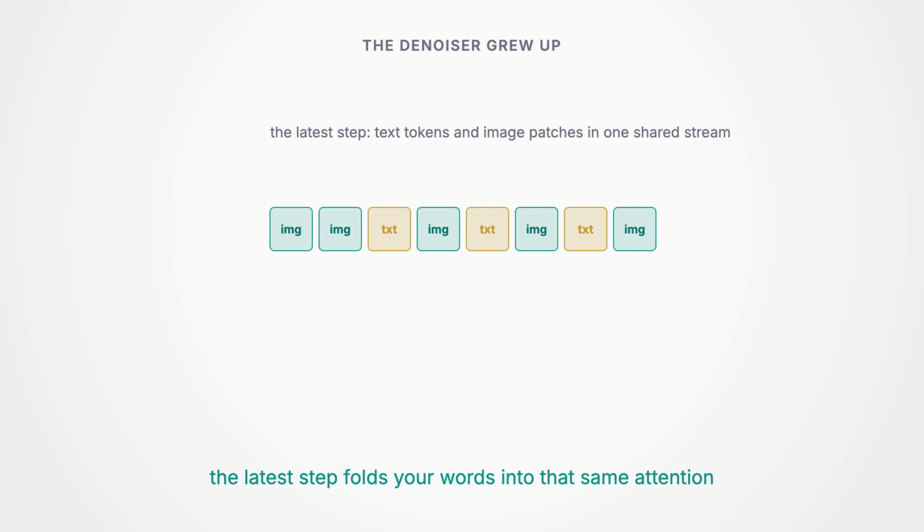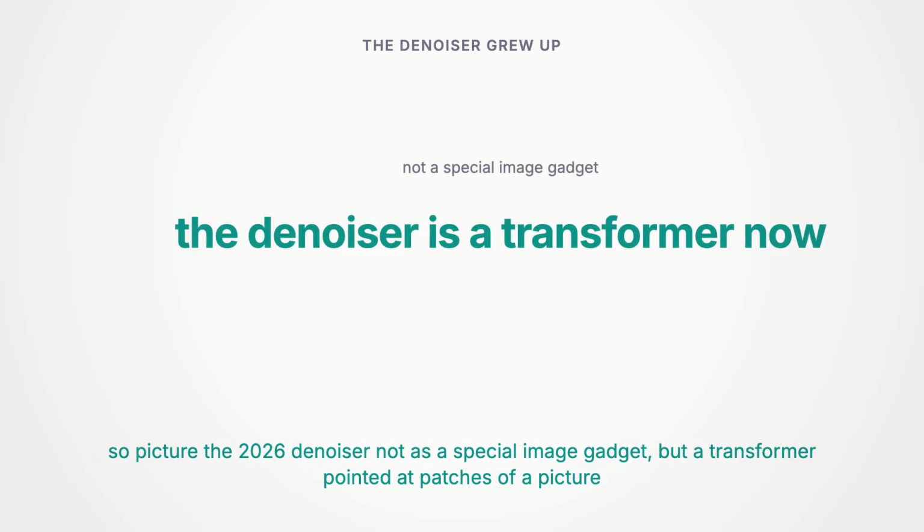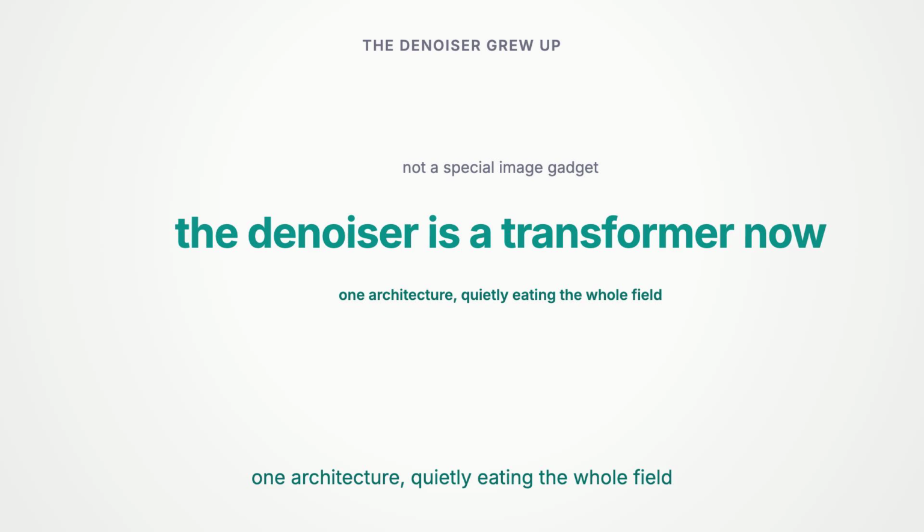Instead of the prompt poking in from the side, the text tokens and the image patches sit in one shared stream and attend to each other directly, as equals. So the denoiser you should picture in 2026 is not a special image gadget. It is a transformer, the very same family idea, pointed at patches of a picture instead of words. One architecture, quietly eating the whole field.